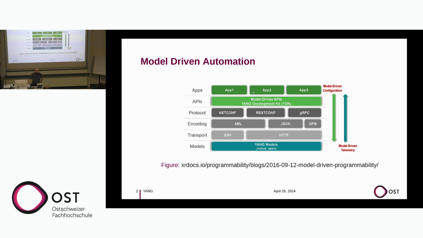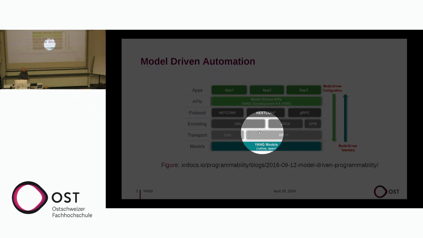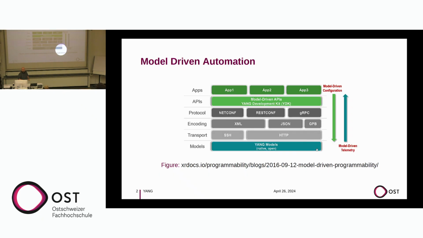Yang just has a lot more advanced features in it. So we have the models that describe the data format, and then of course, to communicate with a device, we have a transport layer. In this case it would be, for example, SSH, HTTP, or it could be anything. And on top we have the encoding.